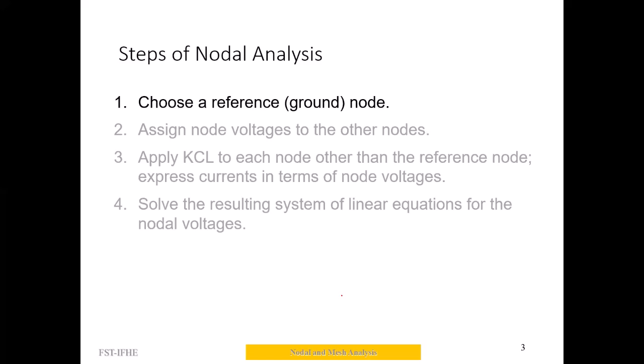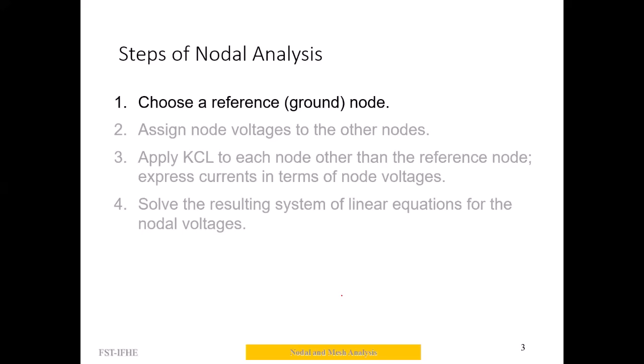First, you need to choose the reference node, which is considered as a ground potential. Then assign the node voltages and refer the node voltages with respect to the reference node. Apply KCL to each node. Write down the KCL equation and represent the currents in terms of node voltages.